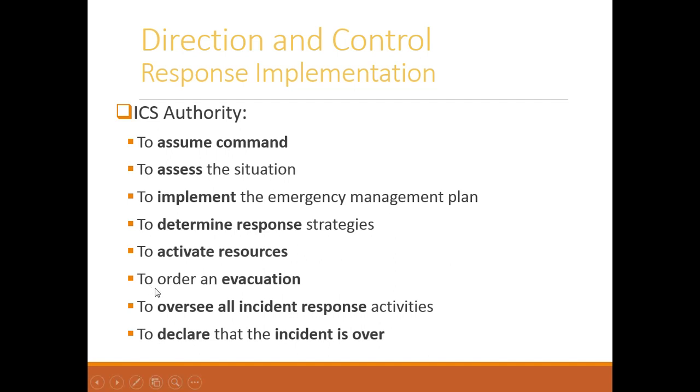If an evacuation is required, the ICS would order that evacuation and coordinate it. They oversee all incident response activities, so everything related to the response, the incident command system and the entire team that's involved will oversee that.